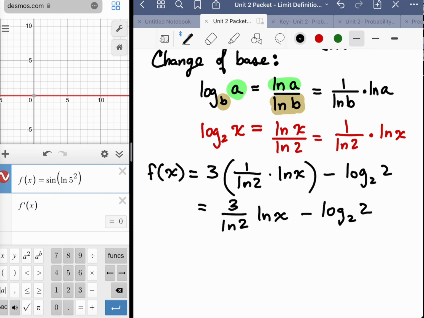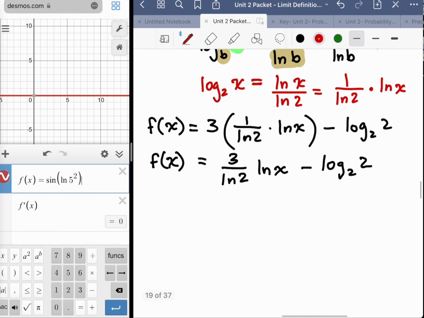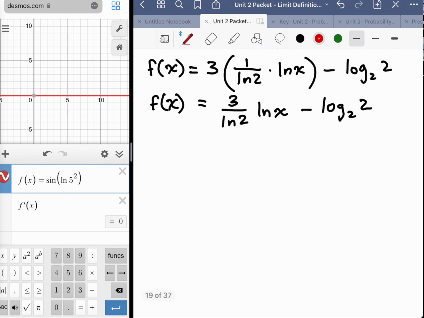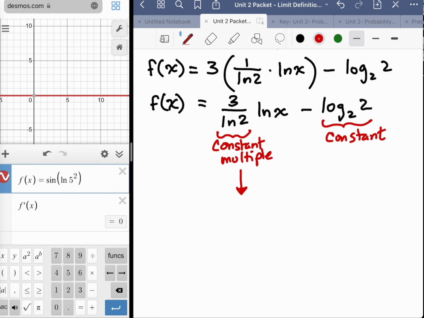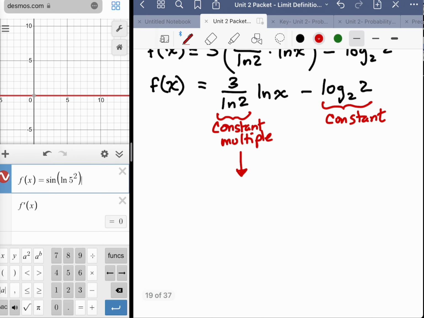And now we're in a position where we could actually find the derivative of this log expression. All right, because this part is constant, no variable whatsoever, and this part is a constant multiple. The constant multiple just comes along for the ride, just like a GCF.